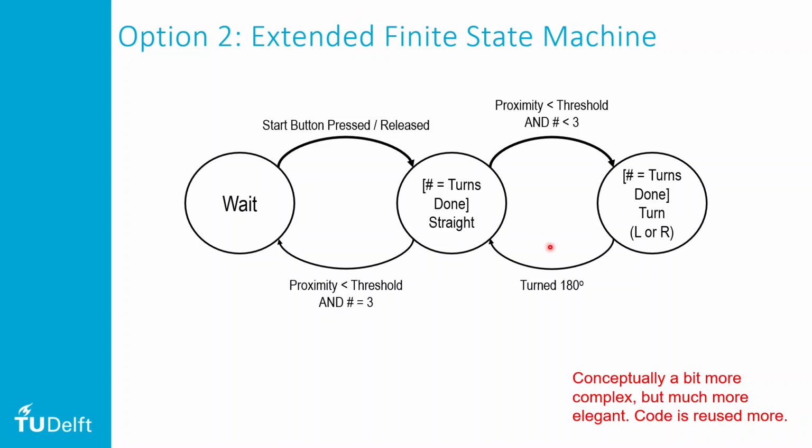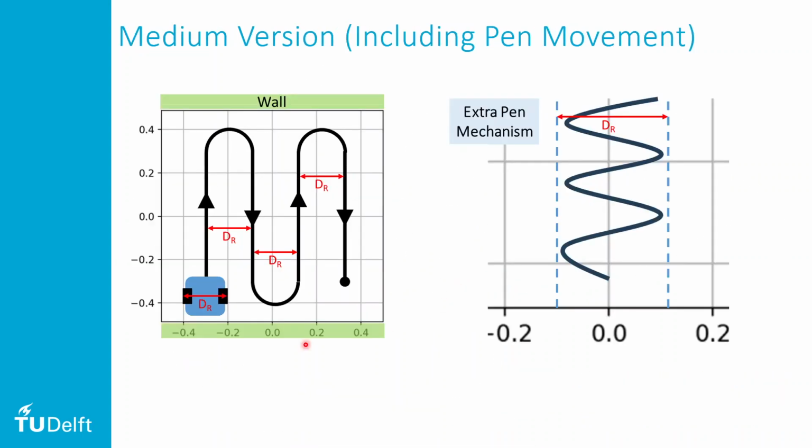So the key thing that we need in this case is the ability to remember how many turns we have done on this pass through, on this cleaning iteration. So at the beginning we've not turned at all, then we've turned once, then twice, then 3 times.